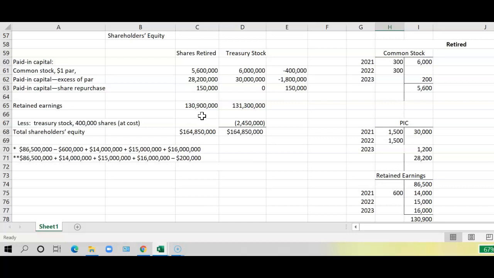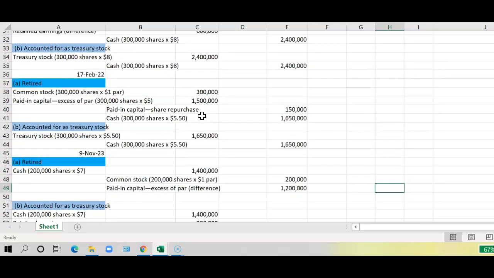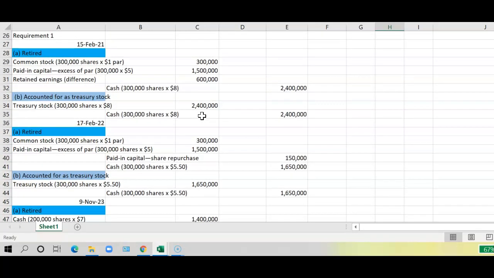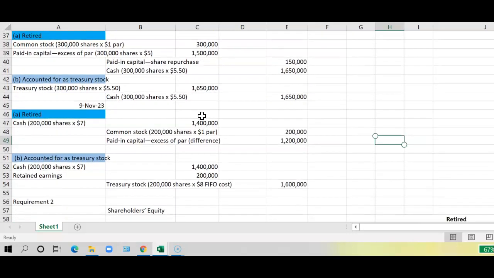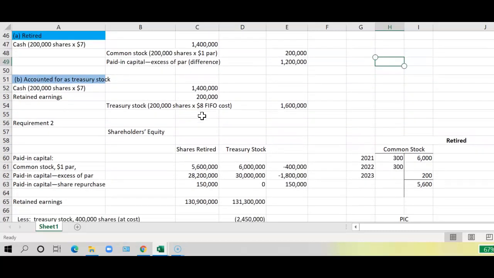Now we have to go through and look at the common stock. What were the transactions in the 3 journal entries in 2021, 2022, and 2023? We can see that common stock was debited for $300,000 in 2021. In 2022, there was a debit of $300,000. And in 2023, there was a credit to common stock for $200,000.